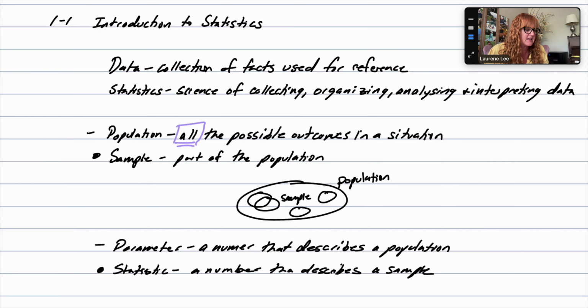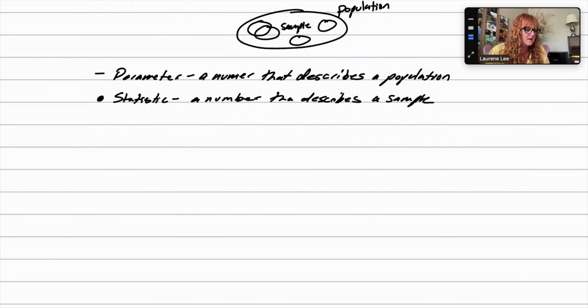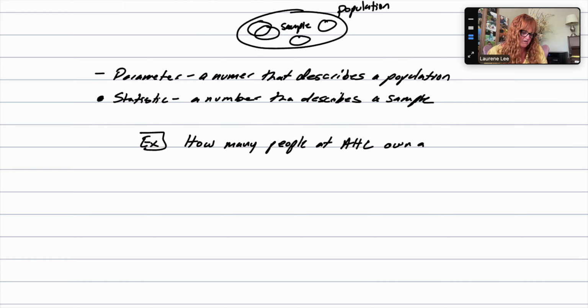So let's do one big example. Let's say we want to know how many people at Allen Hancock College own a dog.